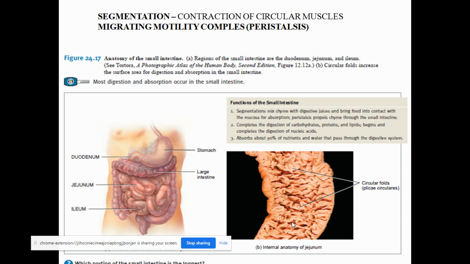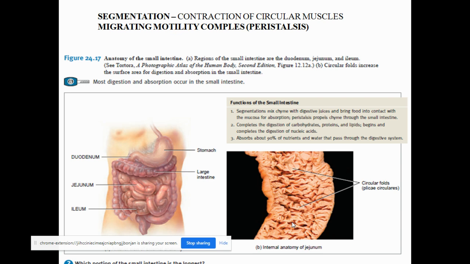Segmentation happens around 12 times per minute in the duodenal region, and as it goes down, the number of movements is reduced to around 8 times per minute in the ileum. Whereas the MMC, the migrating motility complex, takes place very slowly.